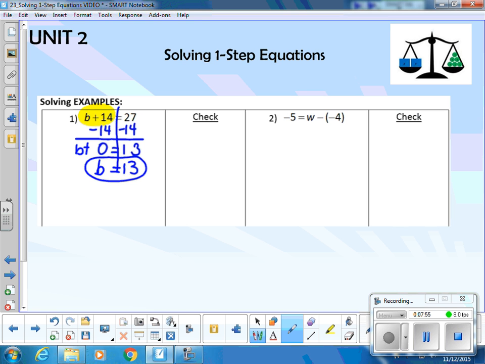Well, this allows us to check our answer. So if we rewrite the equation, b plus 14 equals 27, and I go back where b is and put those parentheses like we practiced, and then now I'm saying b is equal to 13.